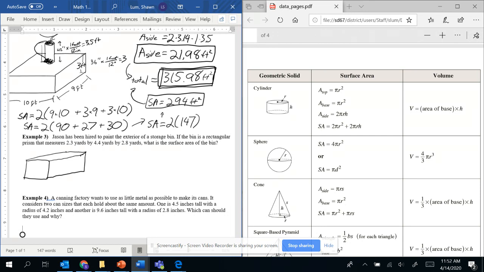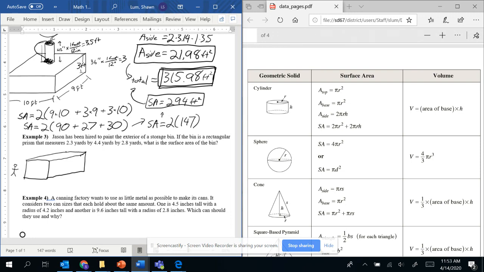And to give you a height comparison, this would be roughly the height of an adult person. So it's a big thing. When it says Jason has been hired to paint the exterior, the outside of this thing, we are going to assume that he is not painting the underneath of this storage bin.